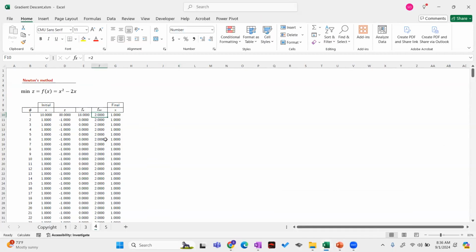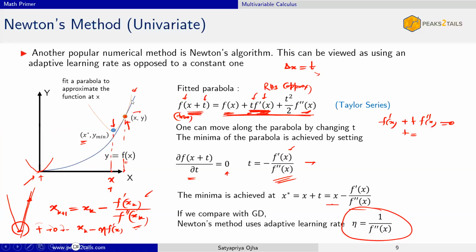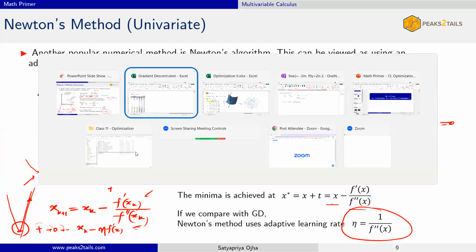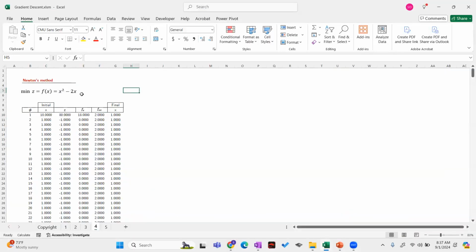Fxx is a constant is the indirect reason why this happens. What's the direct reason? How does this algorithm work? The shift in x basically takes us to the minima of the fitted parabola, right? But our function itself is a parabola. It's a quadratic function.